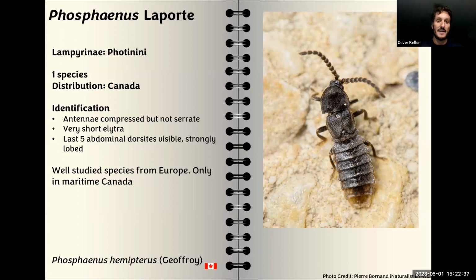I'm not sure if it's very abundant, but it's definitely one of the most known European fireflies, with very many publications on them. The larvae are described by Martin Novak, in a very nice paper with lots of detail. So that's one of the interesting genera: they're not from here, but were found in the Maritimes, probably brought over in ship ballast or something they had to dump.